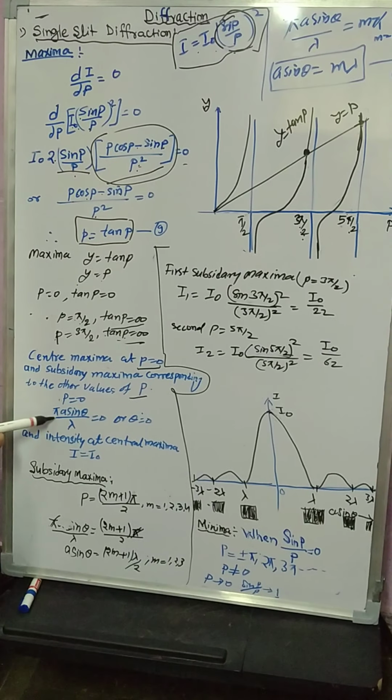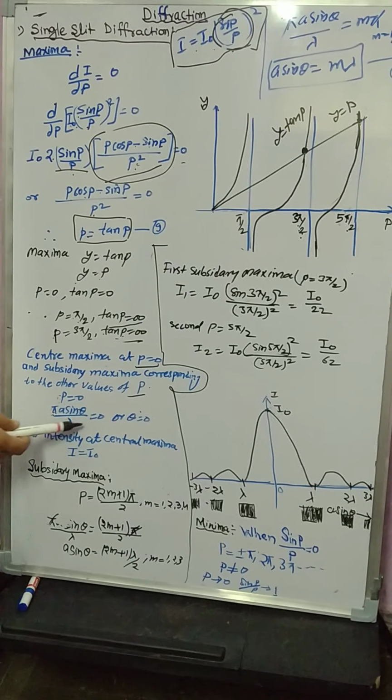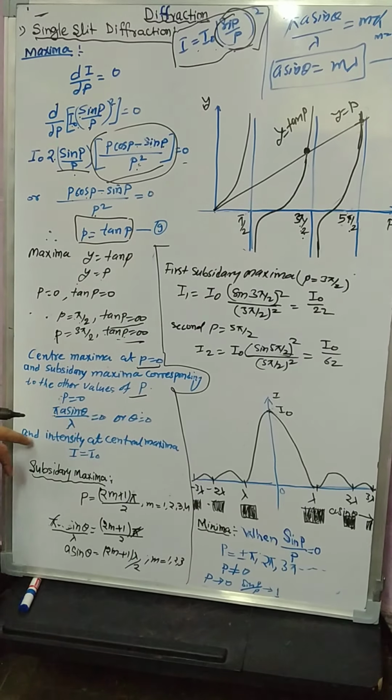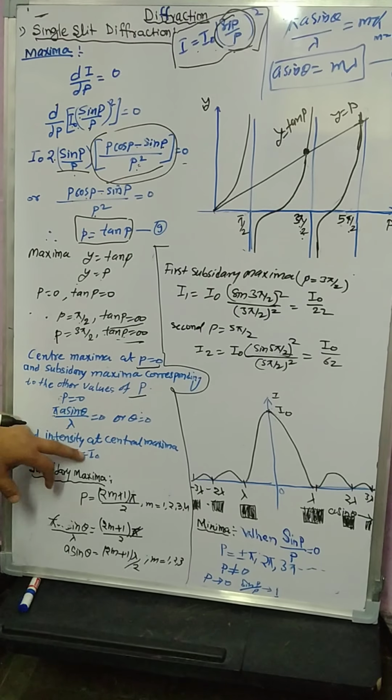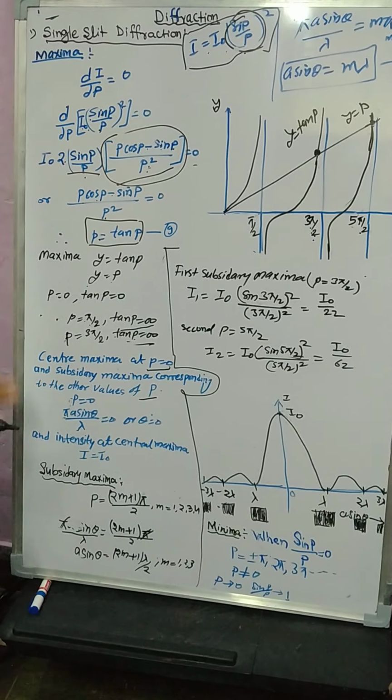We put p equal to pi a sin theta upon lambda equal to 0, which means theta equal to 0, and then the intensity at the central maxima is I equal to I naught. We have mentioned this in the graph: I equals I naught at p equal to 0.